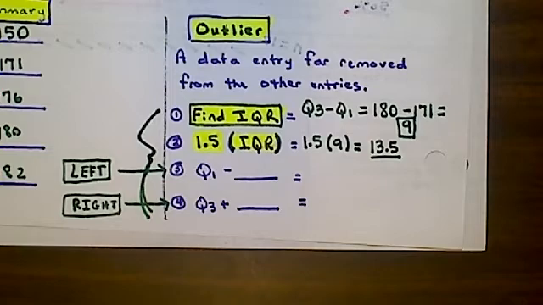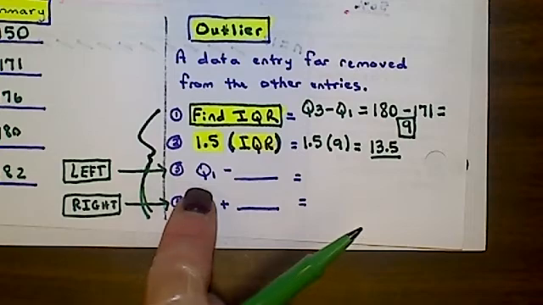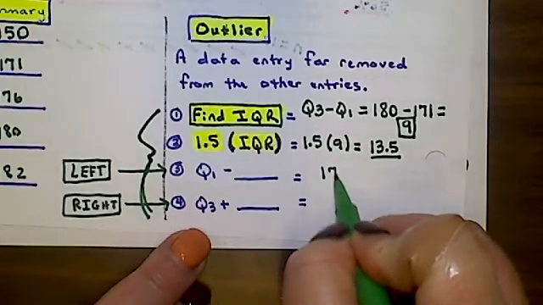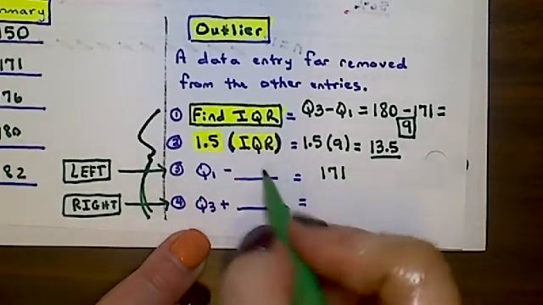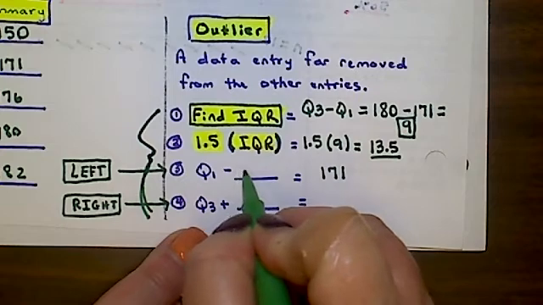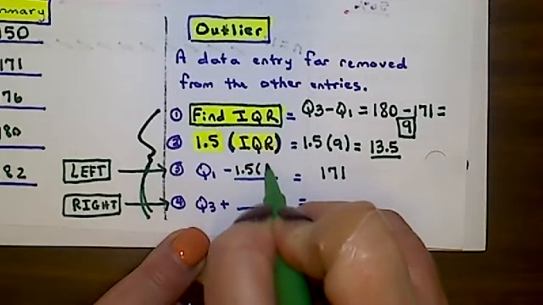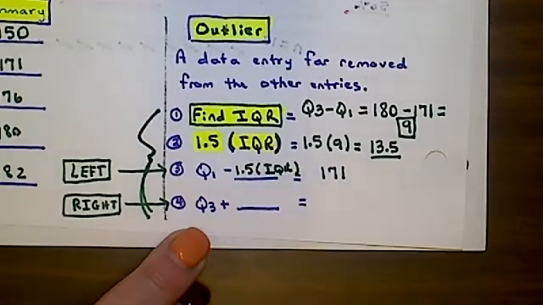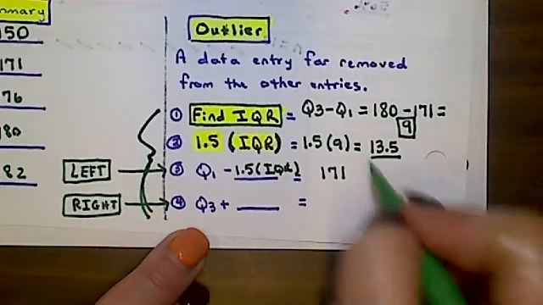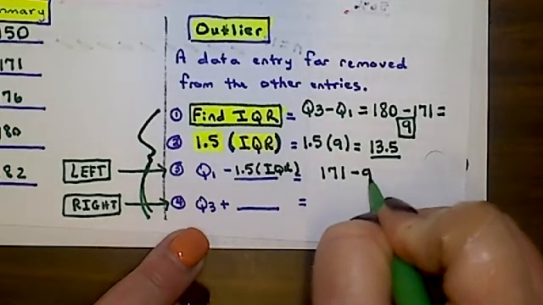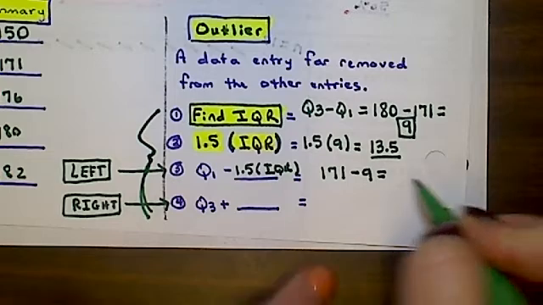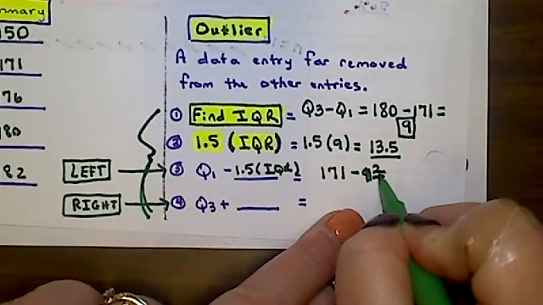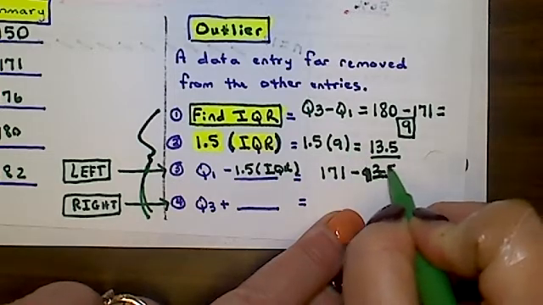Okay, so what you need to do here is you need to look to the left of your Q1. So if you remember, our Q1 was 171. Okay, so my Q1 was 171. I'm going to minus whatever I got here, 1.5 times the inner quartile range. So really what I'm minusing here is a 9. Oh, my bad. I'm minusing a 13.5. I put that 9 there.